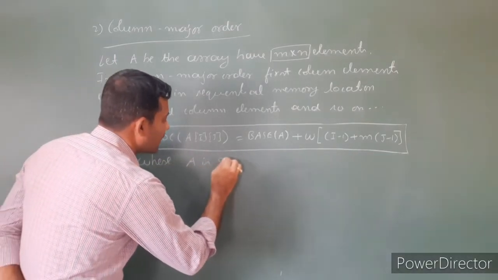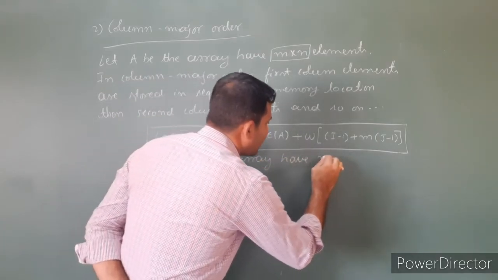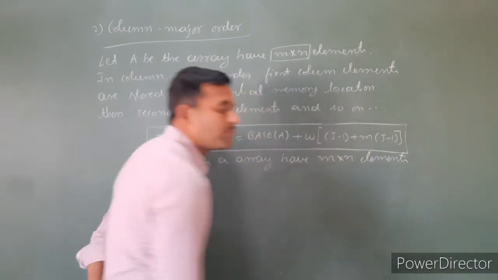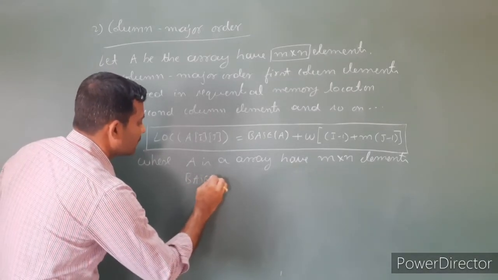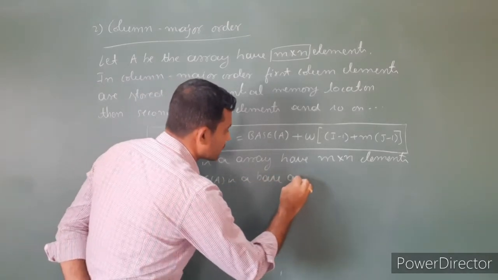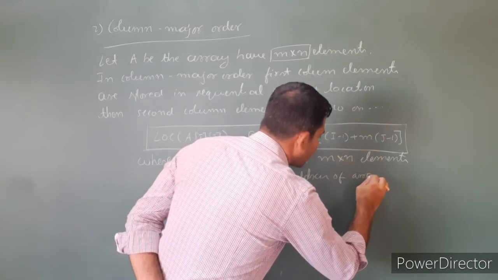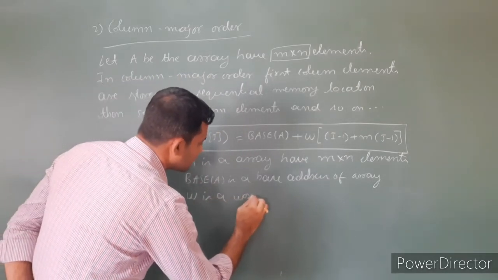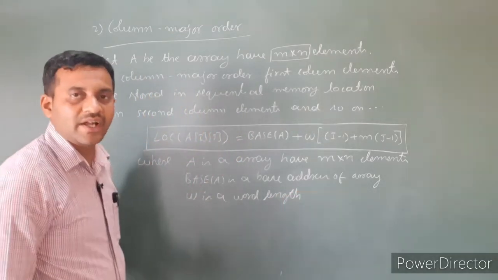A is an array having m cross n elements, base of A is the base address of the given array, W is a word length, or the size of the data type.